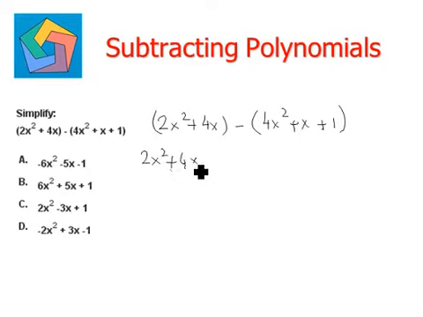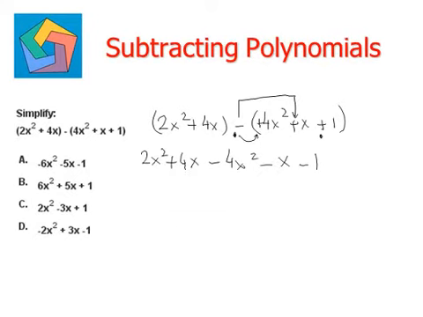We try to remember the rules that we learned just now. A negative and a positive, when multiplied, we get a negative, so negative 4x squared. Again a negative with a positive, we get a negative x, and then again a negative with a positive, we get a negative 1.